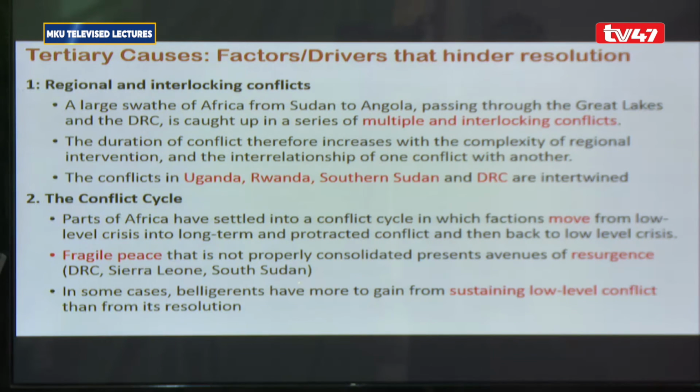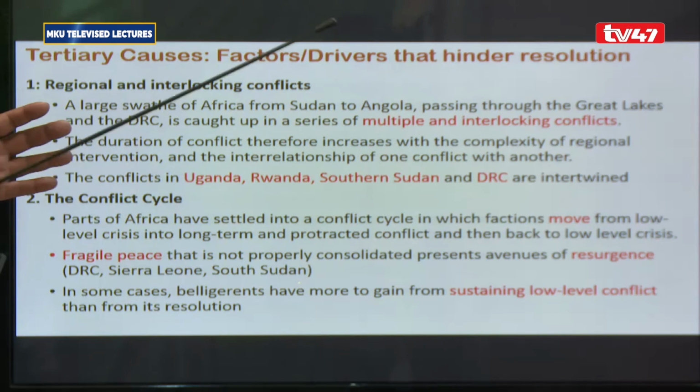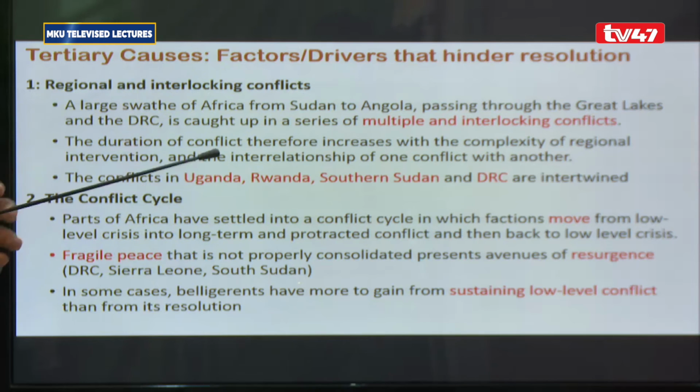In Africa, for instance in the interlacustrine region, Rwanda, Democratic Republic of Congo, Uganda, Southern Sudan are countries where a conflict in one area is affected and intertwined with conflicts in other parts. So even if you resolved a conflict in Uganda, the interests of Uganda in Rwanda are going to contribute to the perpetuation of that conflict in Rwanda and the Democratic Republic of Congo.